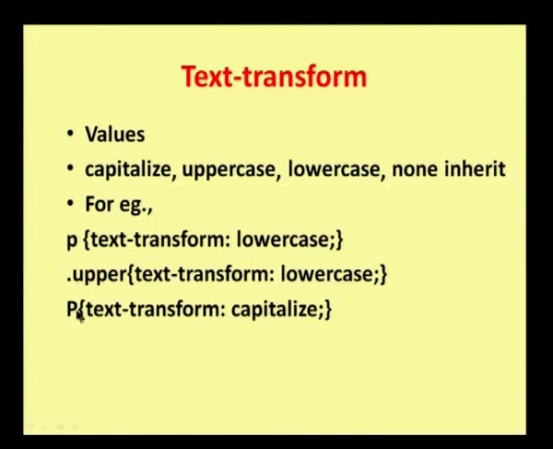Another paragraph is defined here, and this paragraph should be capitalized, and each text present in that paragraph will appear with capitalized letters. So, text transform is a property which represents a case, whether it is uppercase, lowercase or capitalized.